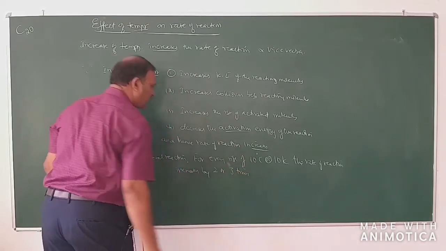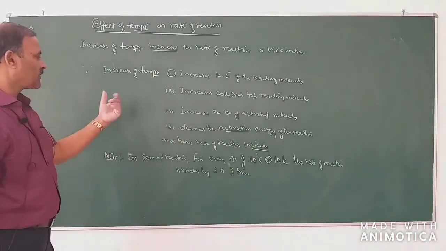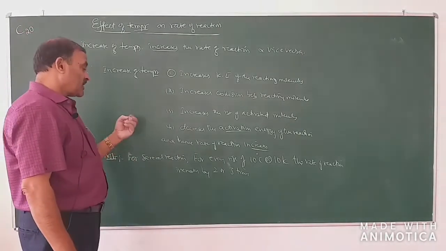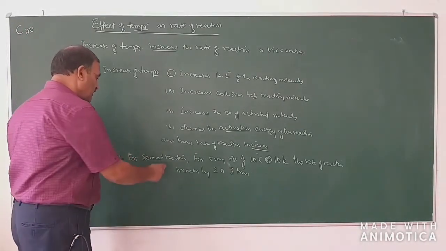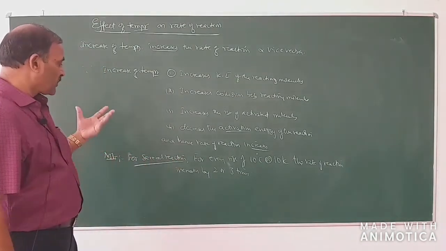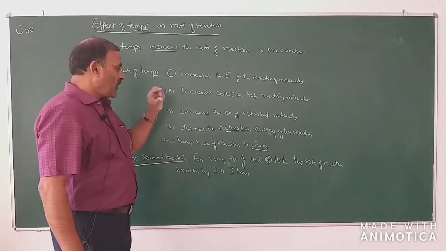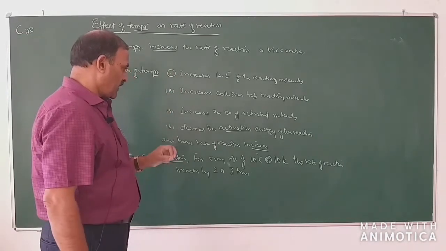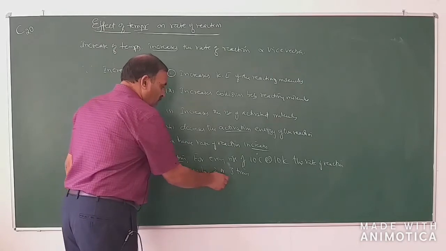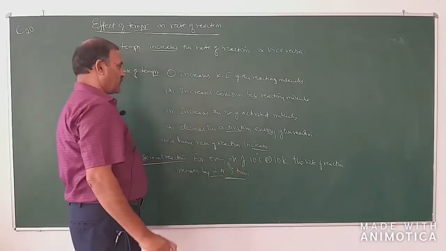So what is the meaning of this? We know increase of temperature increases the rate of reaction. To what extent does increase of temperature increase the rate of reaction? By experiment, it is found that for several reactions, for every rise of 10 degrees centigrade, the rate of reaction increases by 2 or 3 times.